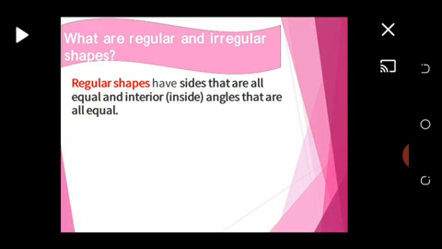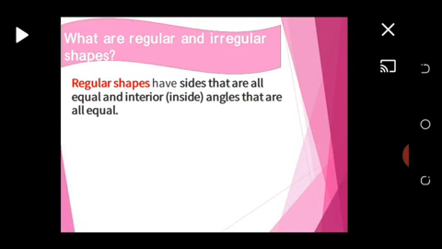Now take a look. A regular shape has sides that are all equal, and interior, that is inside angles, that are all equal. Now you know that a shape has sides and angles. We're looking at the regular shapes as shapes. Shapes have what? The sides, and what?